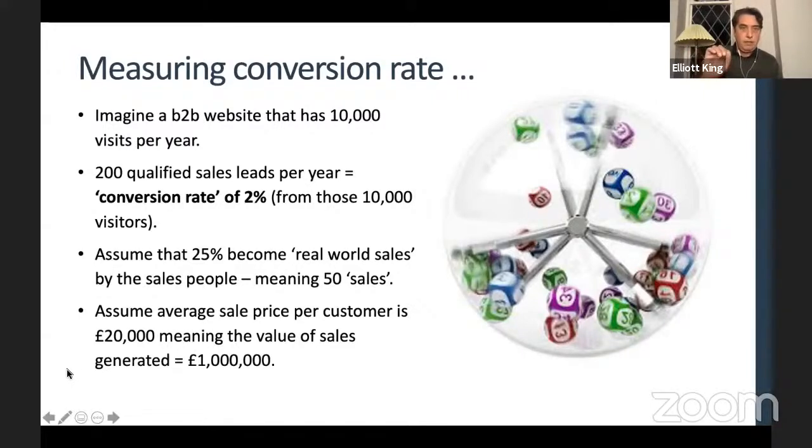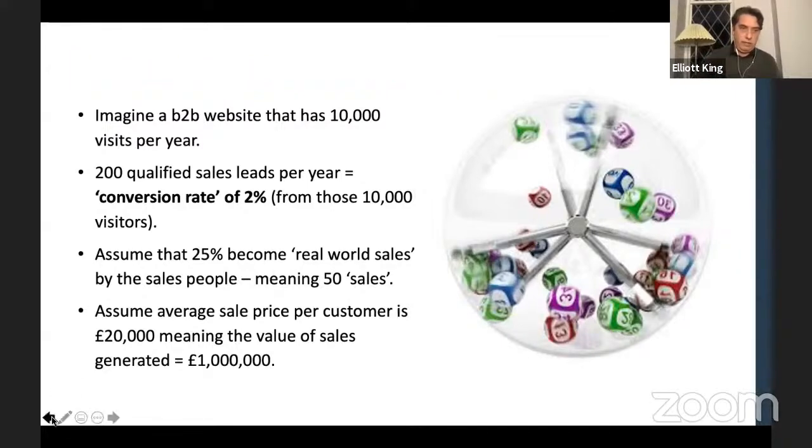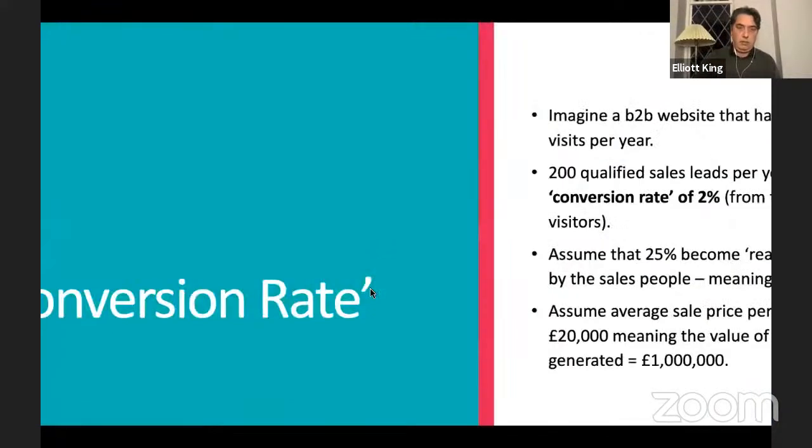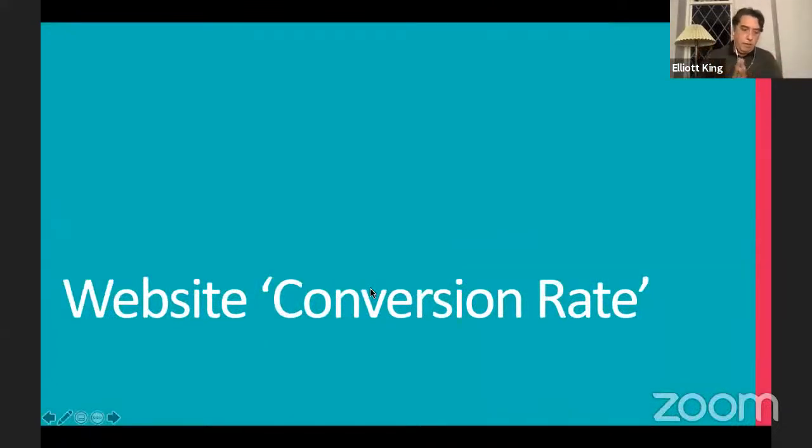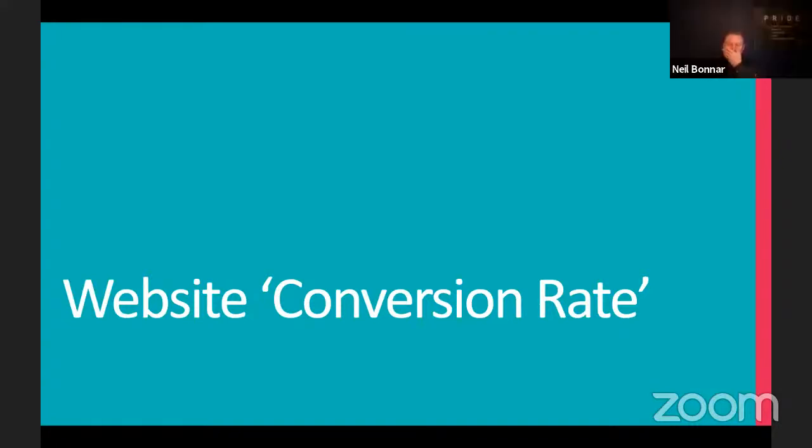So, conversion rates. Before we go into this slide, let me give an introduction. If you talk about a marketing website, at the very highest level you can ask, how valuable is that website? To answer that question, you might want to talk about something called conversion rate.